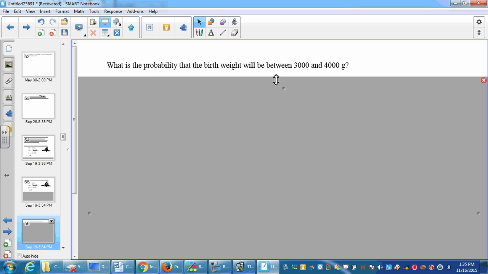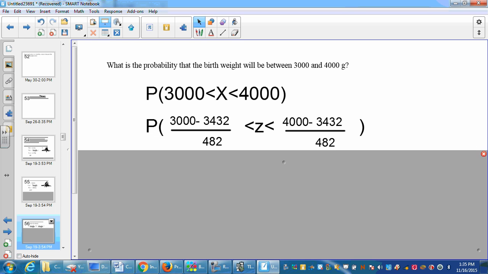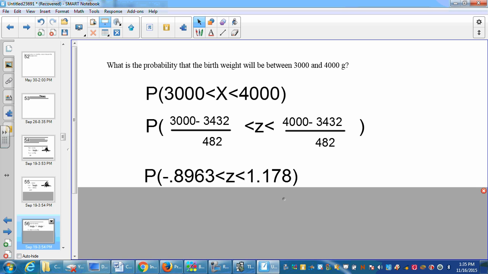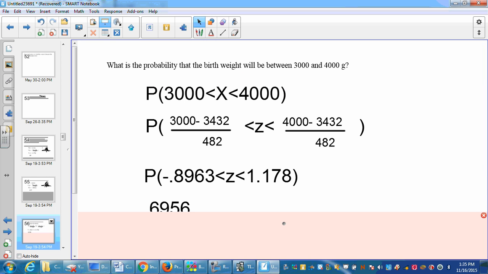Now, if the value is between 3,000 and 4,000, we do everything we did last section. It's between 3,000 and 4,000. We find the z-scores for each of them. Once we have those z-scores, we compute them to be negative 0.8963 and 1.178.